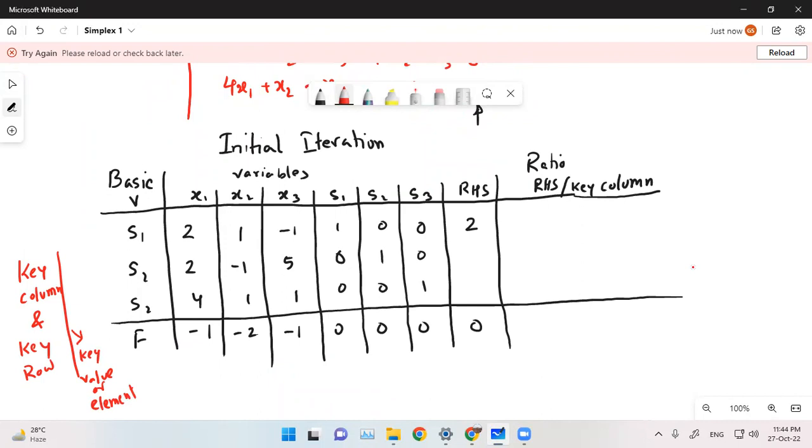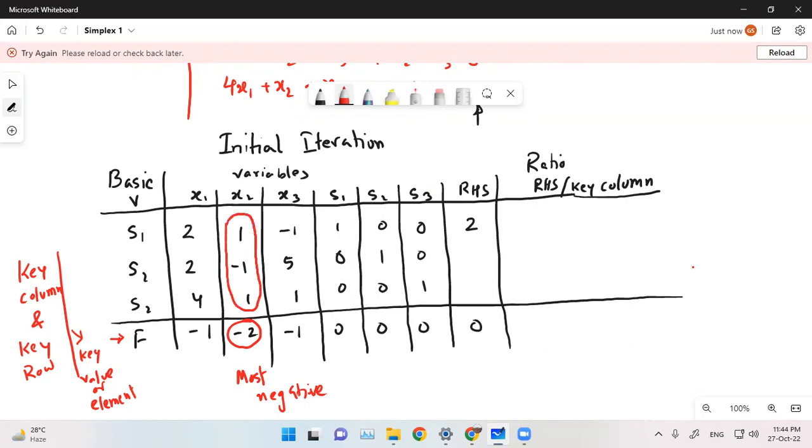The procedure for selecting the key column is: in the F row, find the minimum value or most negative value. So this column is our key column.